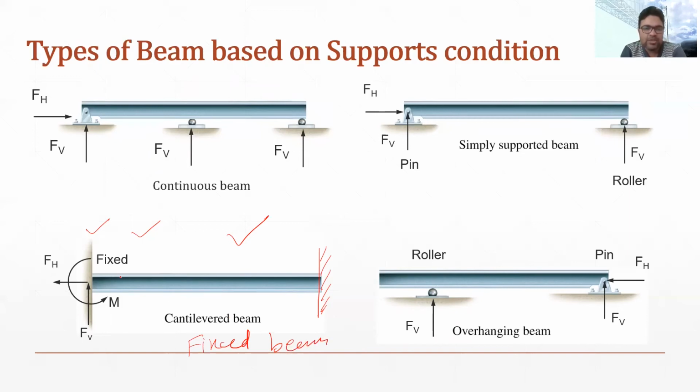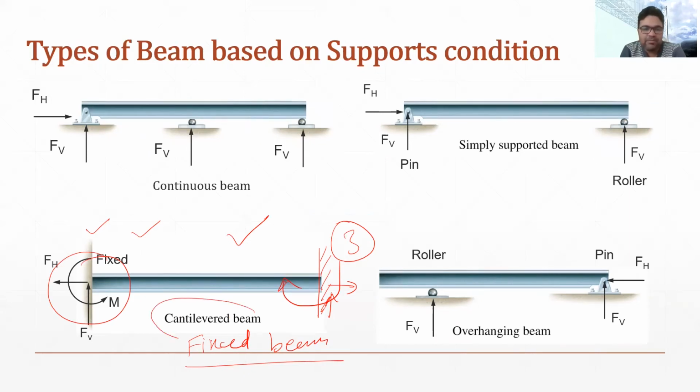And in that case, the total number of reactions will be 6. 3 reactions on this end and 3 reactions here also. So a total of 6 reactions will be there in the fixed beam.